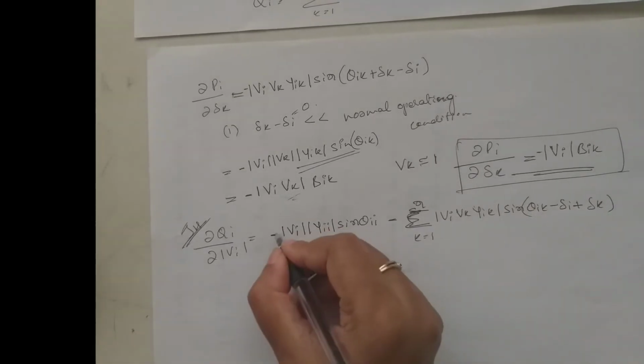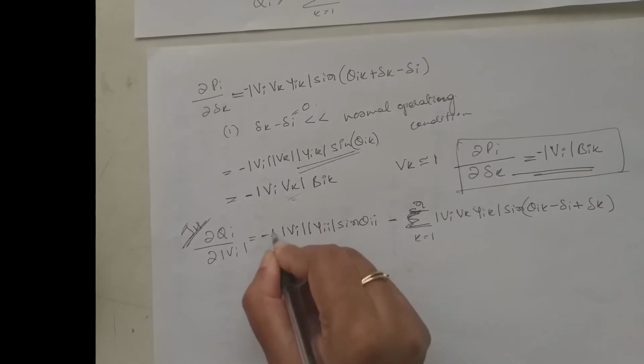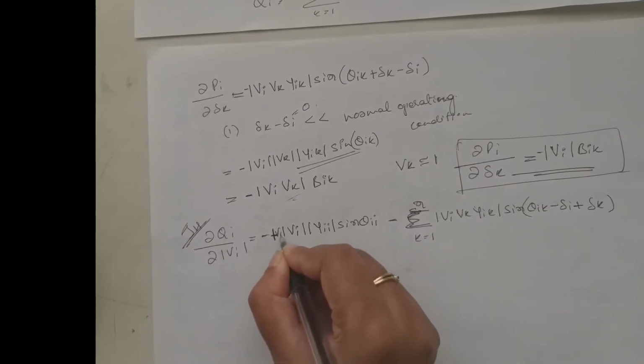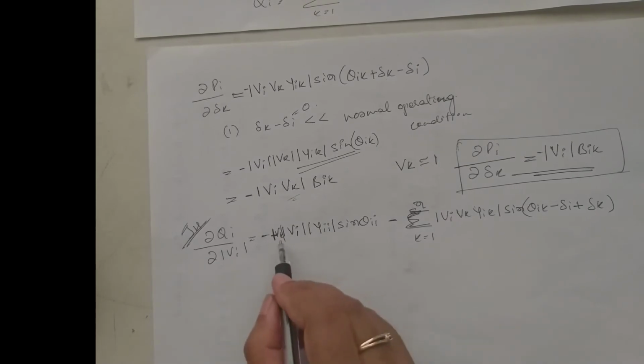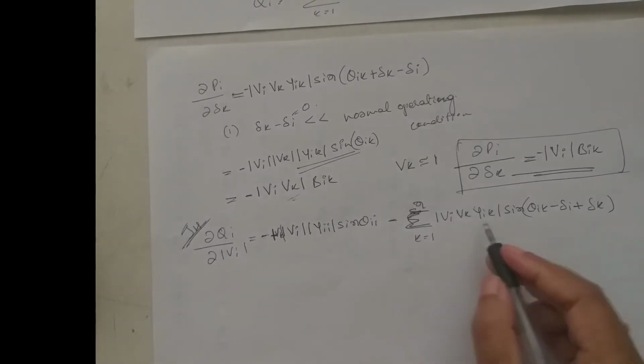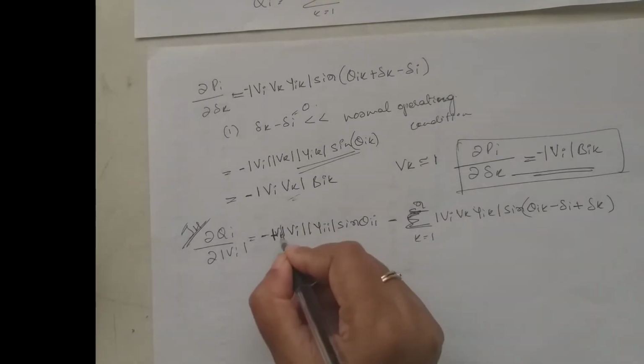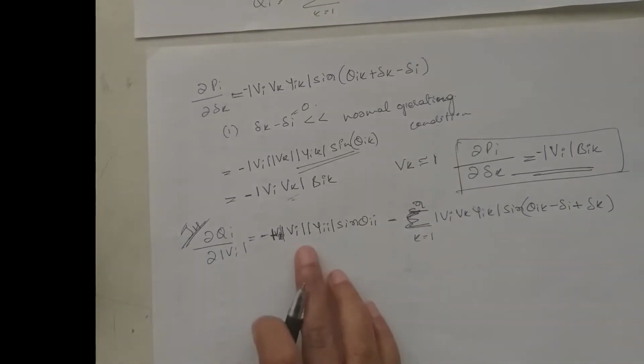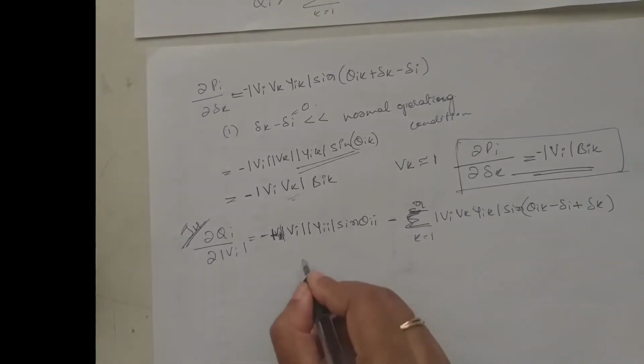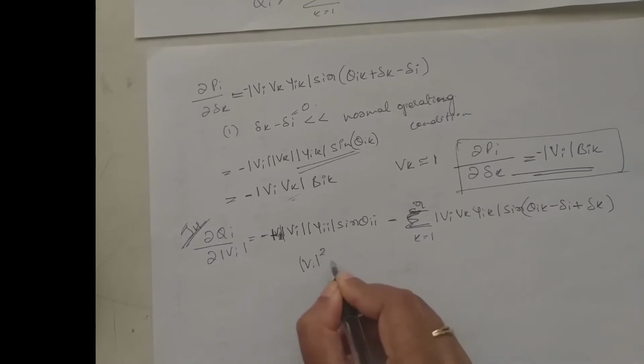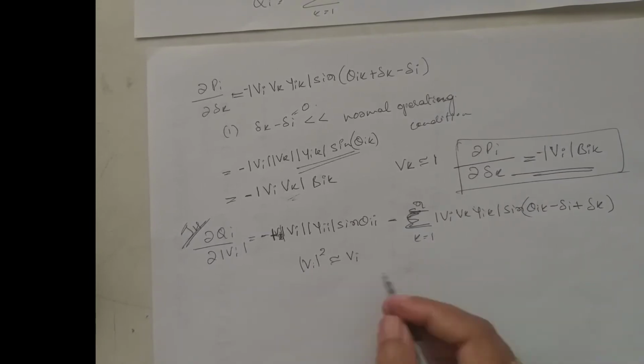Here also, when we multiply it with Vi Vk, it becomes Vk into Vi, correct. Here also it becomes Vk into Vi. Here Vi into Vi becomes Vi square, which is nearly equal to Vi.